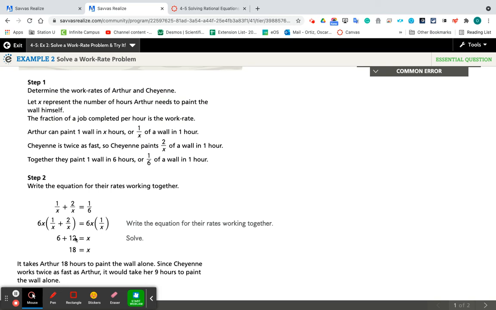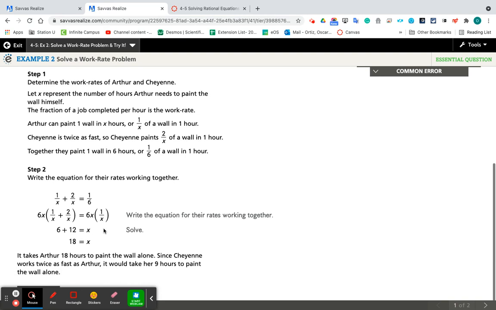So 6 plus 12. On the other side, these two also simplify. This right here should have been a 6, so the 6s are the ones which cancel out. Sorry about that mistake, that was a mistake in the book. So x equals 6 plus 12, which means that x equals 18.